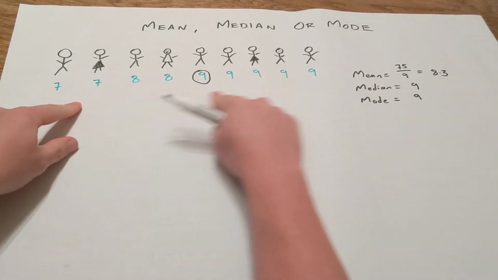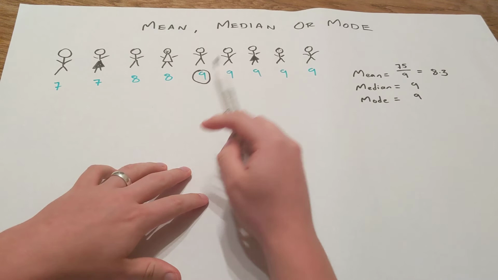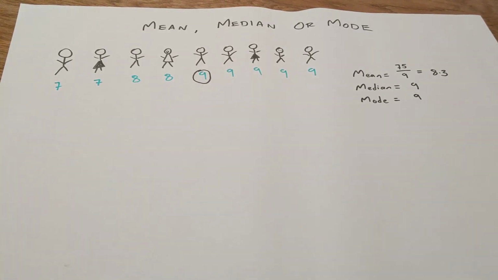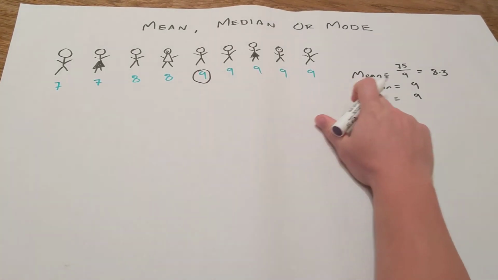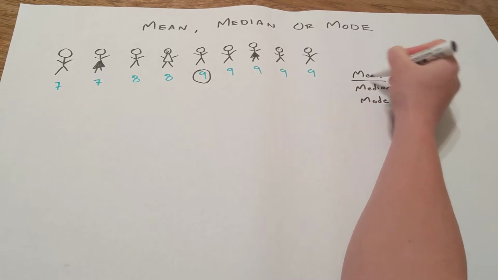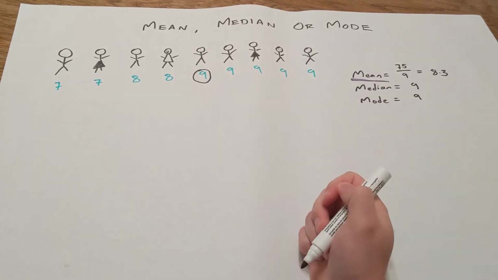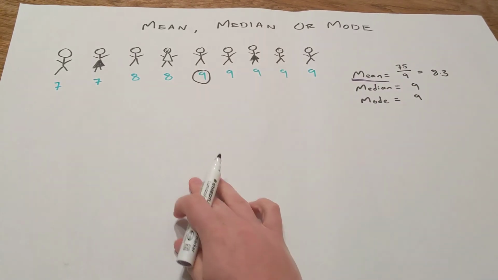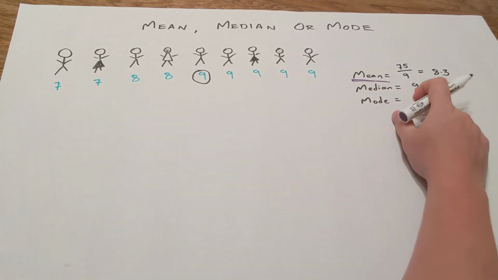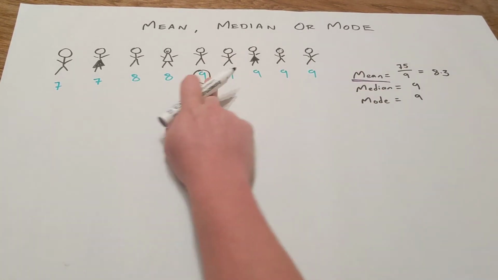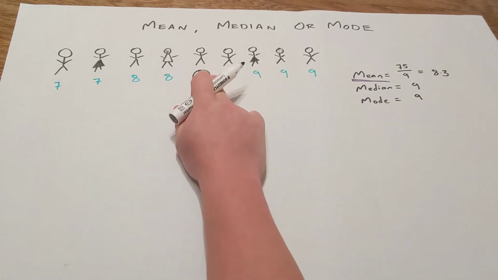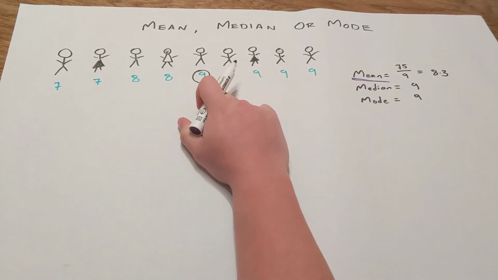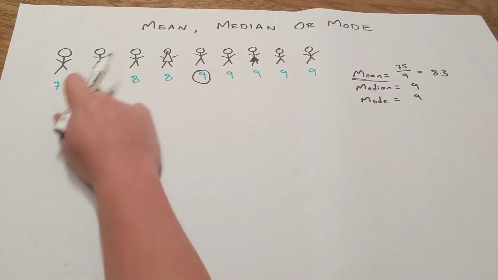When you've got a situation like this, when all your values are very close to each other, the average you want to take is the mean. That's going to be your most useful here. Why is that? Look at the median. That tells us it's 9. Does that really fit the data? It's telling us half the people got 9 or more, half got 9 or less.